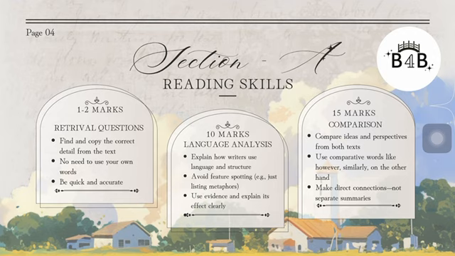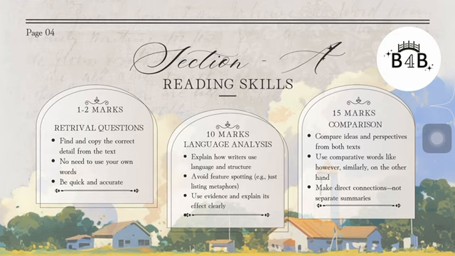These are worth 1 to 2 marks, and usually you have to find and copy the correct detail from the text. You don't have to use your own words, as that is time consuming and time wasting. So you have to be quick and accurate, because those are just small amounts of marks.